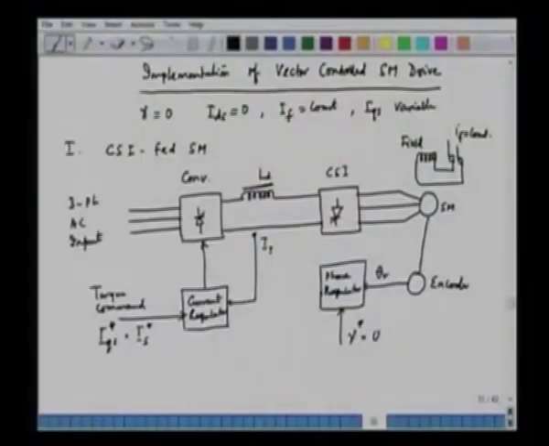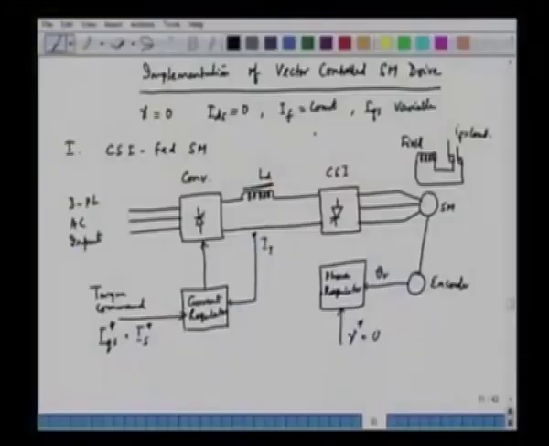So, in the steady state condition, the inverter currents will be such that the required current magnitude is injected into the stator of the synchronous machine. Now, when we go for this current regulation, we know that this CSI is an auto sequentially commutated CSI.